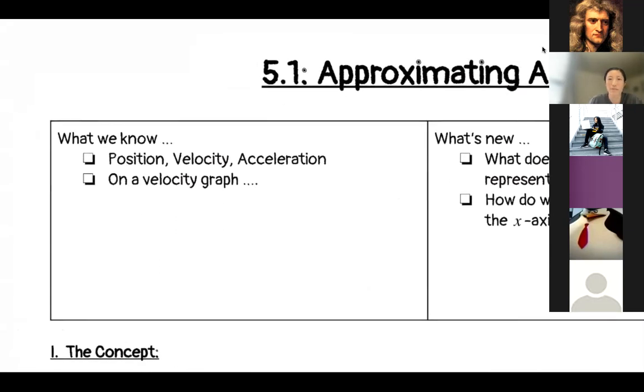So what do we know? We know position, velocity, acceleration. We've talked about those quite a bit in this course. But in particular, if we look at a velocity graph, can someone tell me what the y values of a velocity graph indicate?